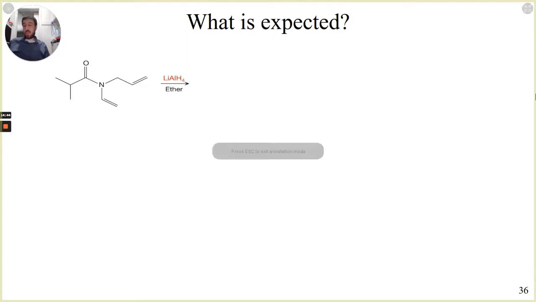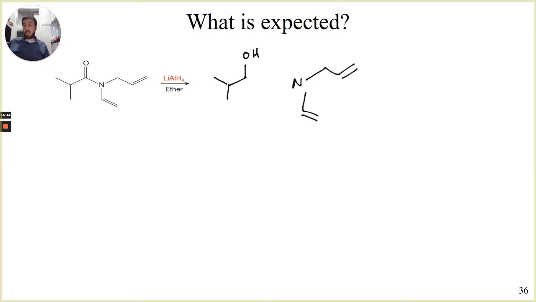If we spent that time to just memorize things, I would bet with a fairly high frequency we're going to get people telling me we get an alcohol. And maybe you get this other piece chilling out here too, and we could put the hydrogen on there. Because you go, well, carbonyl, it reduces to an alcohol. No. Polar pi bond reduces.